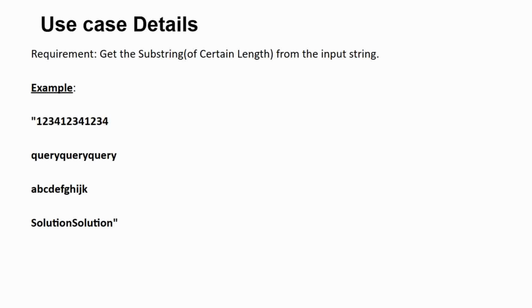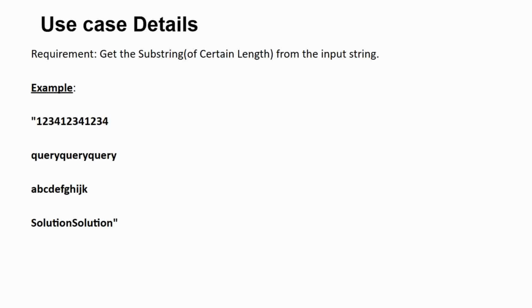Get a substring of a certain length from the input string. Suppose you have a full name, which has a first name, a middle name and a last name. The middle name may not be compulsory in some countries, so we can say first name and last name. Suppose I want to get certain characters from my first name and last name.